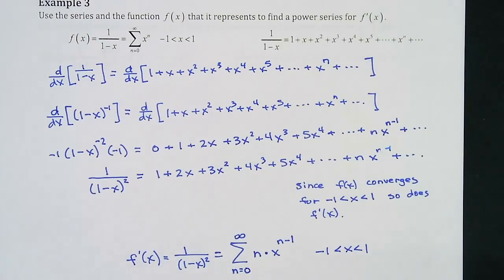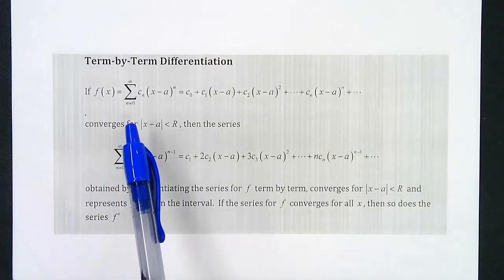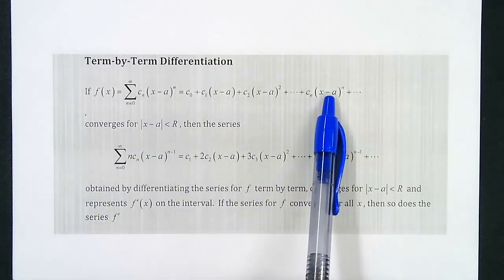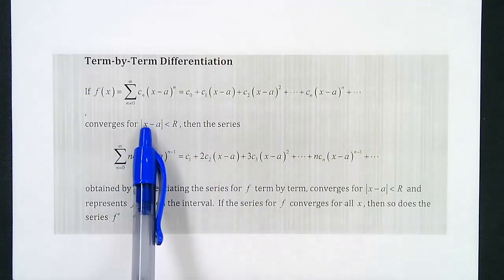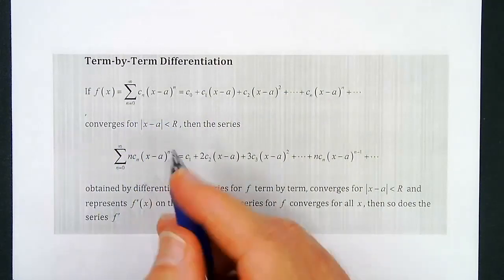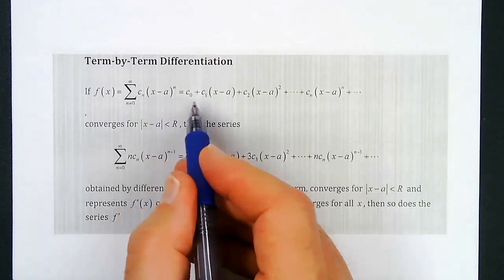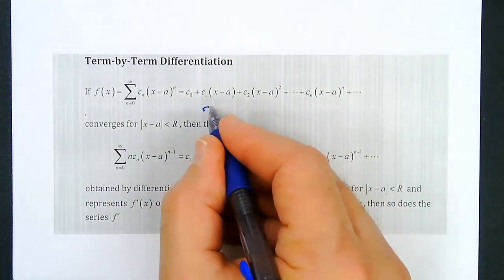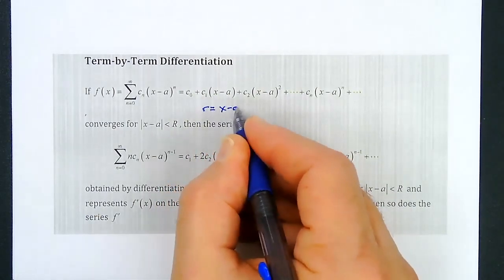All right, so let me slide my notes up and talk about term-by-term differentiation a little bit more. So if we have a function that can be written as one of these power series, and we know it converges, and in this case, if we look at this, what we're multiplying from term to term would be r, equal to x minus a.